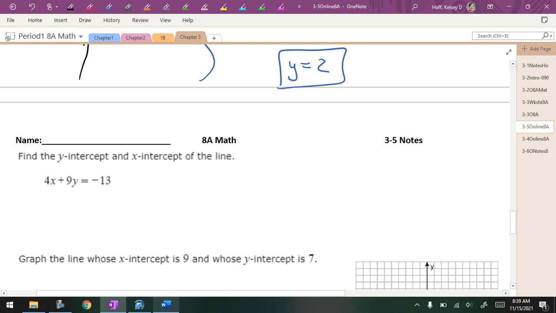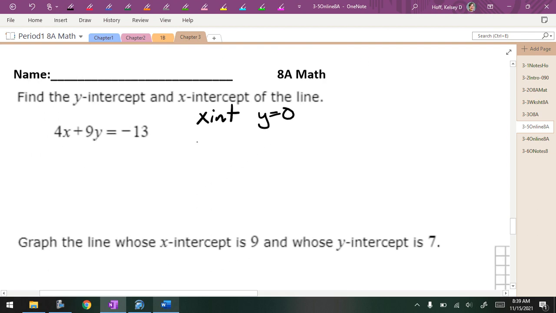Which one do you want to do first? X-intercept. What do you know about every x-intercept? Y equals 0. So take your equation, put in 0 for y. 4x plus 9 times 0 equals -13. 9 times 0 is 0. So really, we can cross it off. So I have 4x equals -13.